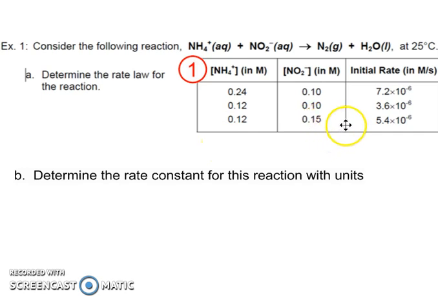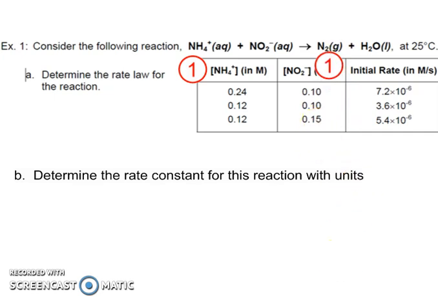And then I want to look at nitrite. So experiment 2 and 3. Ammonium stays the same, and it looks like I've multiplied my nitrite by 1.5. And I've also seen my rate go up by 1.5. That is proportional. So that means my nitrite is first order.